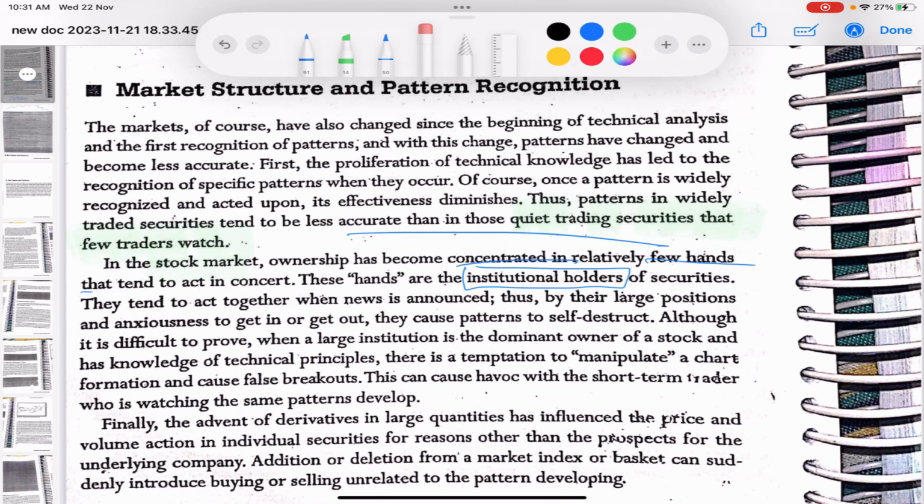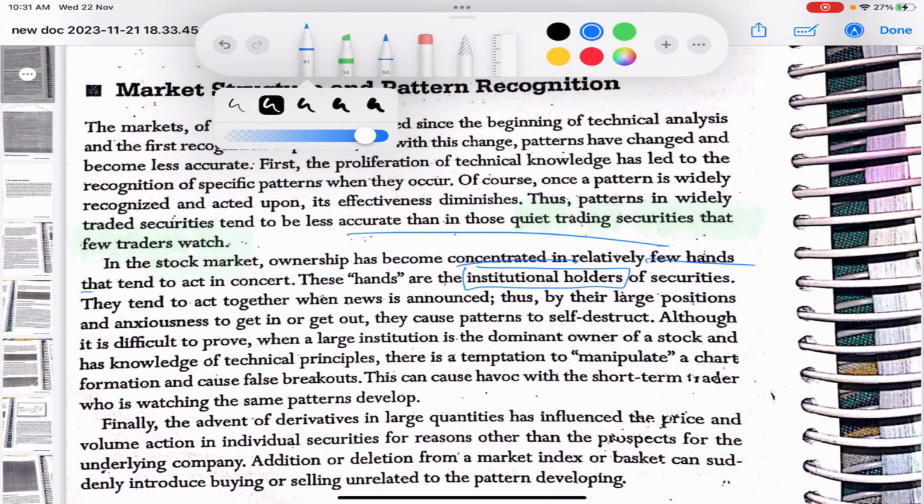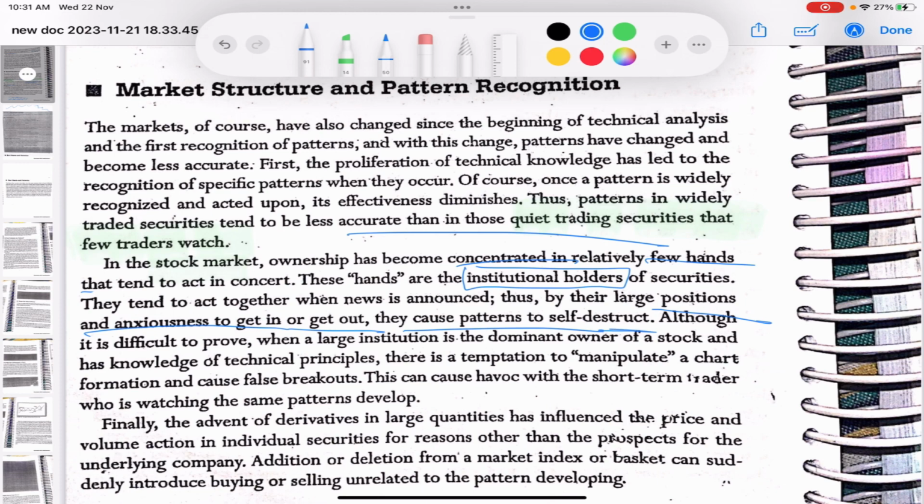So they tend to act together when the news is announced. By their large positions and anxiousness to get in or out, they cause patterns to self destruct. Although it is difficult to prove, when a large institution is the dominant owner of a stock and has knowledge of technical principles, there is a temptation to manipulate a chart. Now, that is the reason why failures occur.